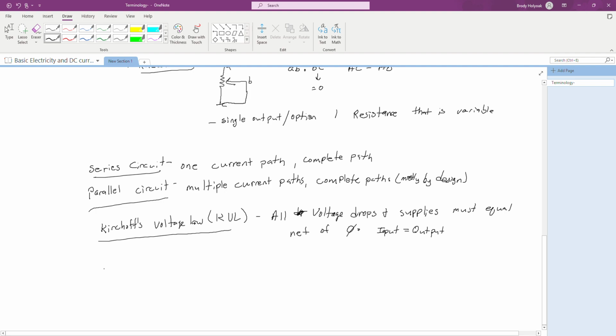All right, next thing we're going to talk about is series aiding and series opposing. Series aiding means we have voltages or currents that add or work with each other.